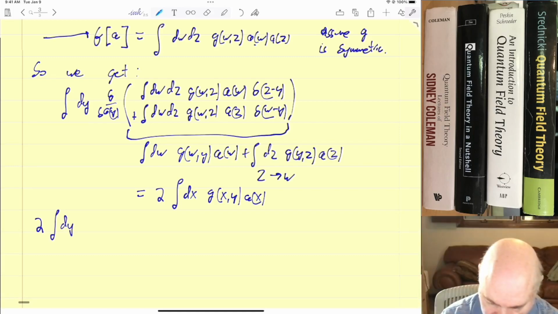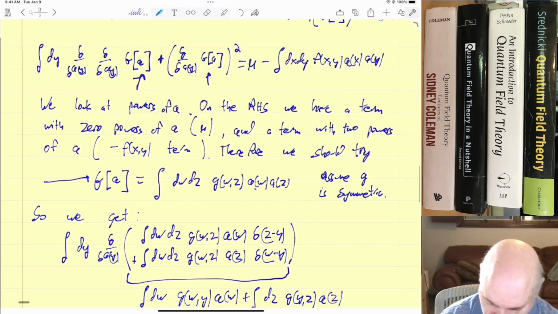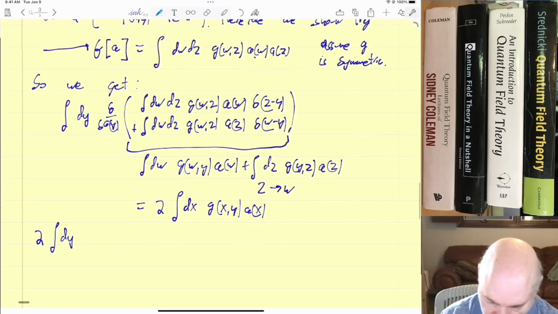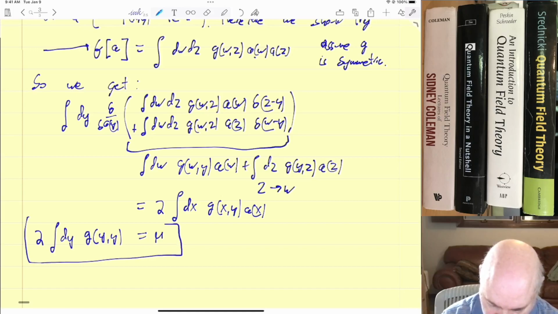Remember, we had a dy all the way in front, and we haven't done anything with that. When I evaluate this, after taking the functional derivative of that, I'm going to get 2 dy g of y comma y. This is the one with no powers, and this equals mu. So that's one of our equations that we need to solve for g.